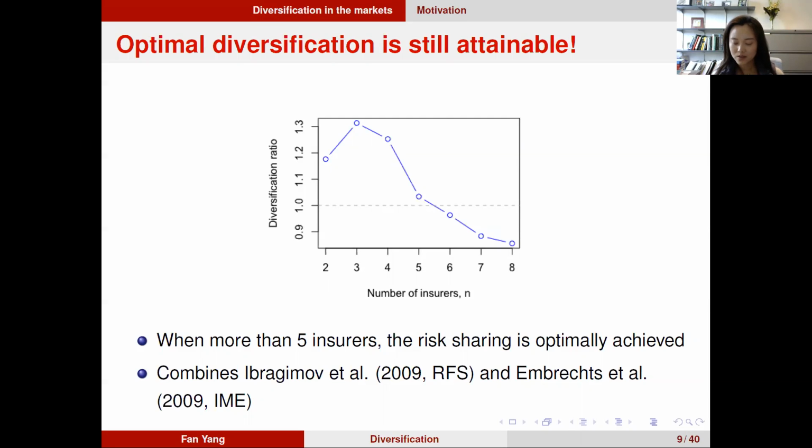In other words, each insurer, if they participate in the market in this area, can reduce their risk by sharing the risk with others, rather than taking the risk all by the insurance company itself. So this shows that by increasing the number of insurers, it's possible to obtain optimal diversification.